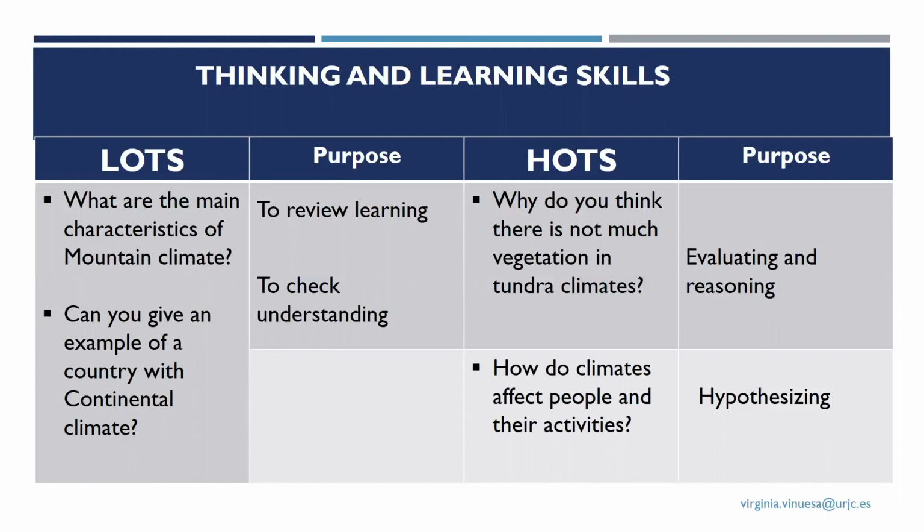So it's not the same if you create something in which they have to match a sentence with a word, or if you want them to evaluate something, to justify or to hypothesize what would you do in this situation, or imagine that they have to create something from something they have seen in the classroom. So this implies higher order thinking skills.